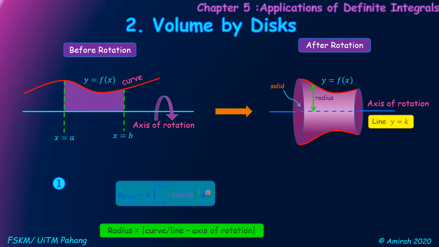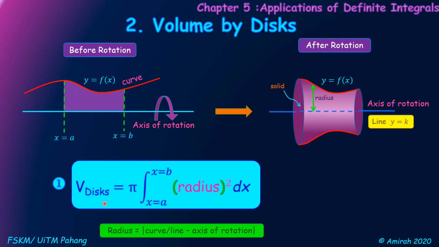Then we can set up volume by disc using this formula. If the axis of rotation is a horizontal line, or the x-axis, or parallel to the x-axis, we can write volume by disc equals pi times the integration from x equals a to x equals b of radius squared dx.